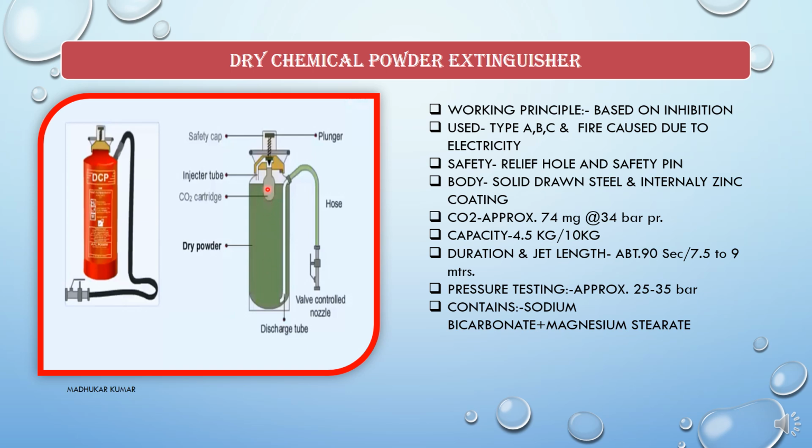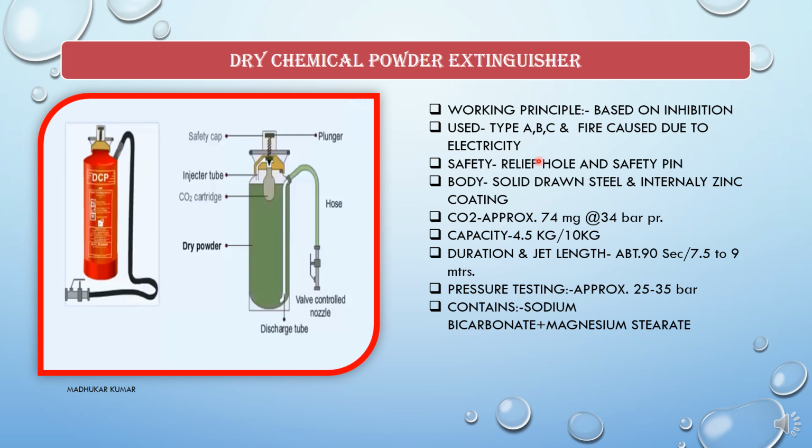So DCP powder will be agitated completely, and then in the open space it comes over here and creates the pressure. Due to this pressure, the DCP is discharged through the discharge tube, and with the valve control nozzle you can control the discharge of DCP also. So this is the complete working principle of it.